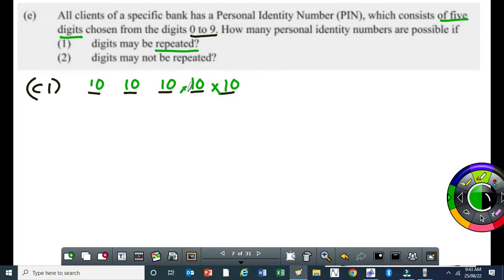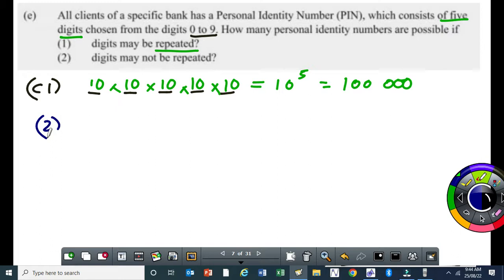And then you use the fundamental counting principle: 10 to the power of 5, that's 100,000. So from those 10 digits 0 to 9, you can create 100,000 pins. Then the next question.